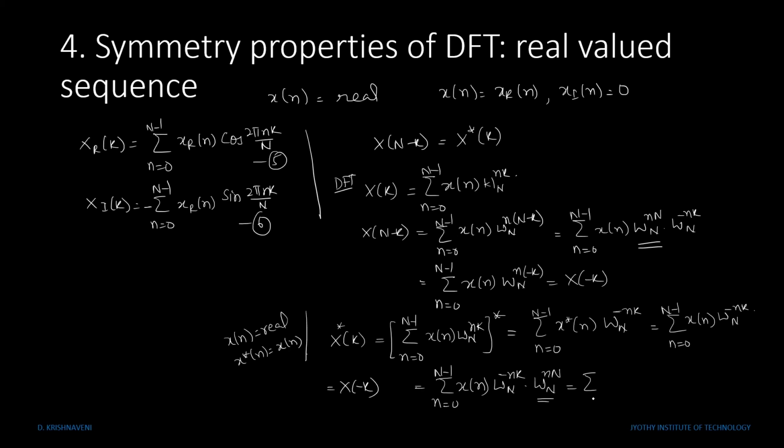So this I can write as summation n is equal to 0 to N minus 1 x of n W_N to the power of n into N minus k, which is equal to X of N minus k.